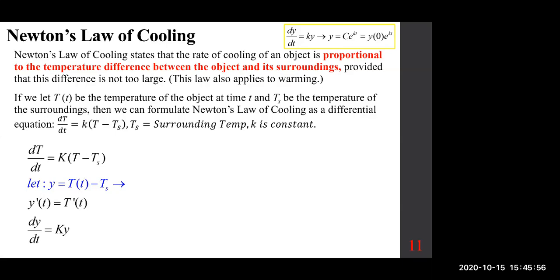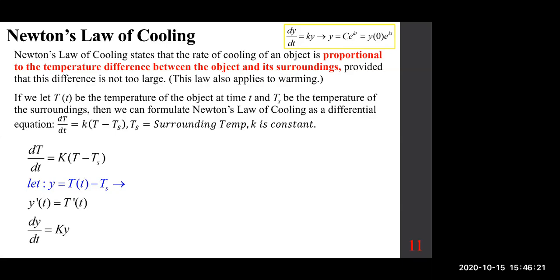You have a beverage at room temperature, you put it in a fridge, it's going to start cooling down, and eventually it takes the temperature of the fridge. So that's the idea of a surrounding, okay? The effect of the surrounding. And it has got to do with the fact that the surrounding is much, much larger than the object, and therefore it takes over.